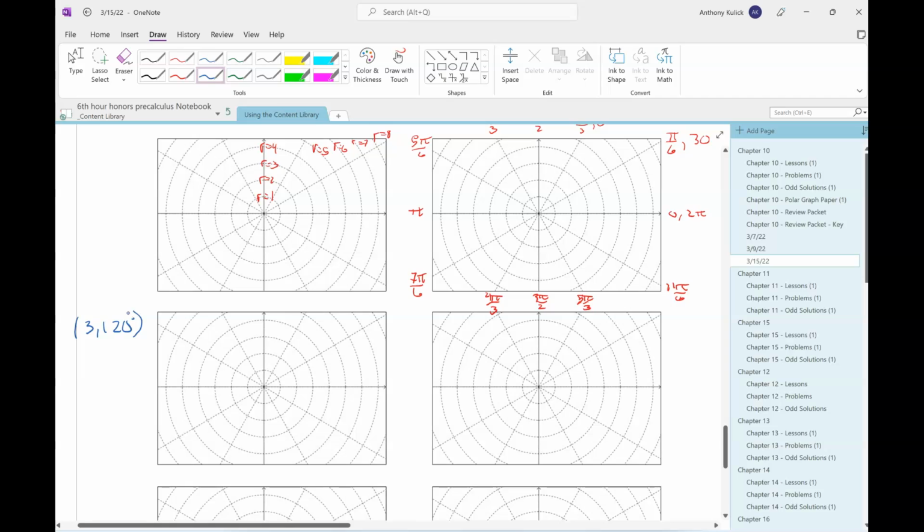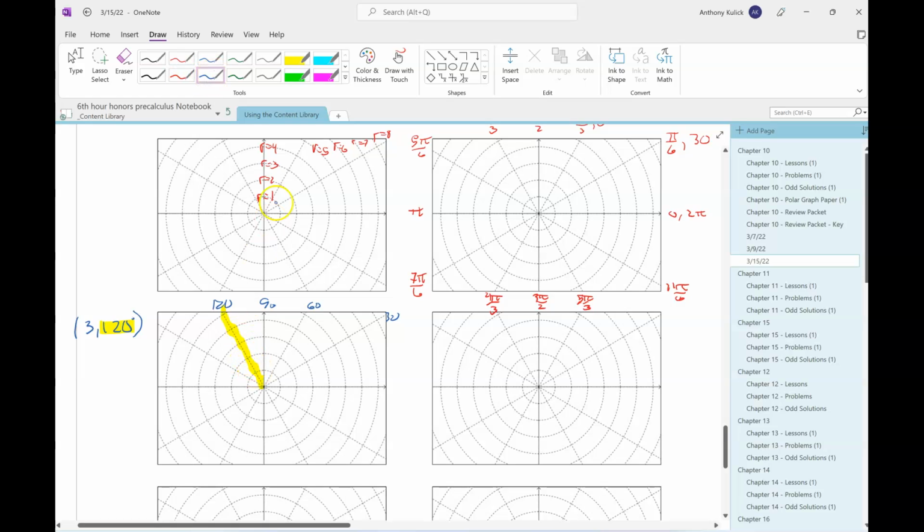So let's say we want to graph 3, 120 degrees. When I do this, I like to start with the angle. So we've got 30, 60, 90, 120 is here. And then I'm counting 3 out from that.